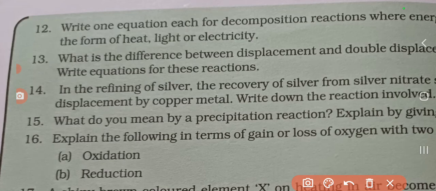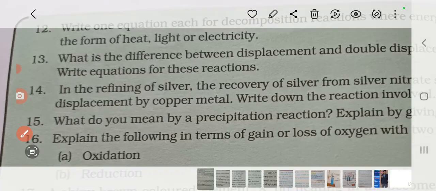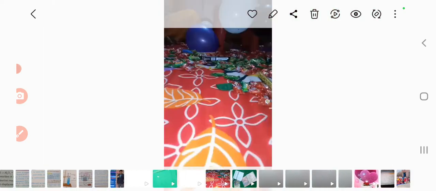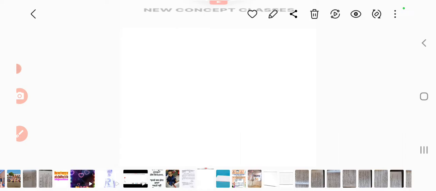Now we will discuss the displacement reaction and double displacement reaction. What is the displacement reaction?